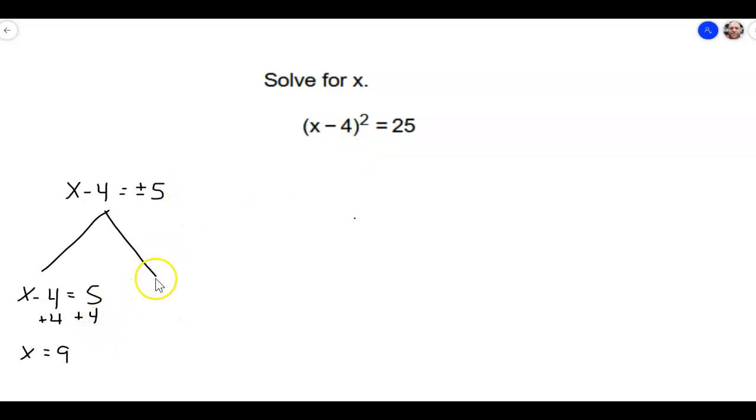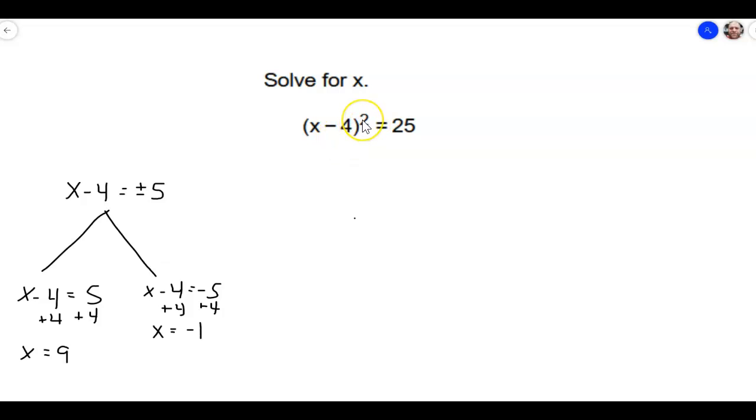And over here, I'm going to use the negative 5. So x minus 4 is equal to negative 5. Add 4 to both sides, and here I'm going to get x is equal to negative 1. So let's check this solution. Negative 1 minus 4 is negative 5.